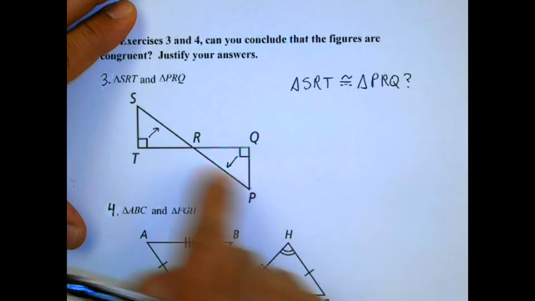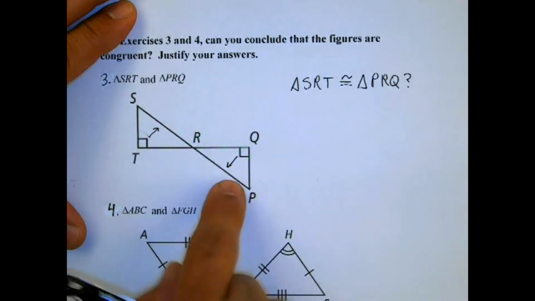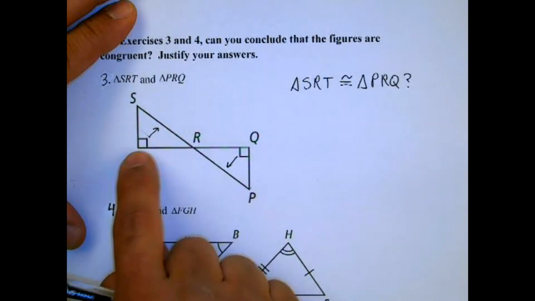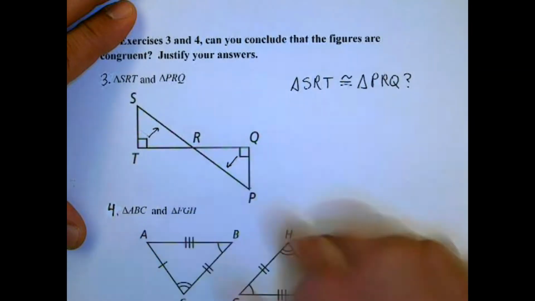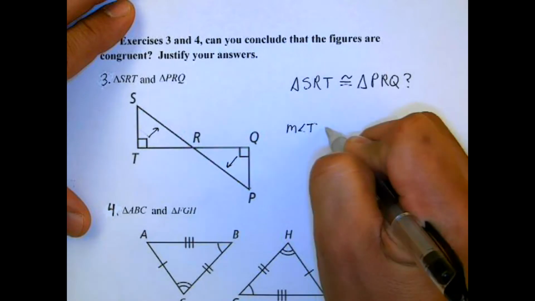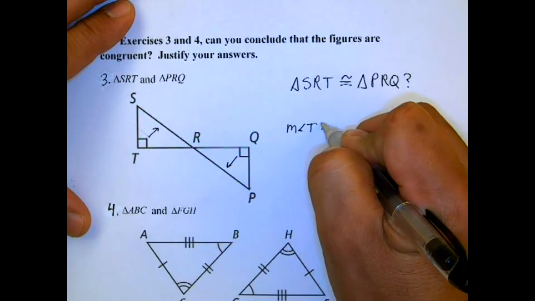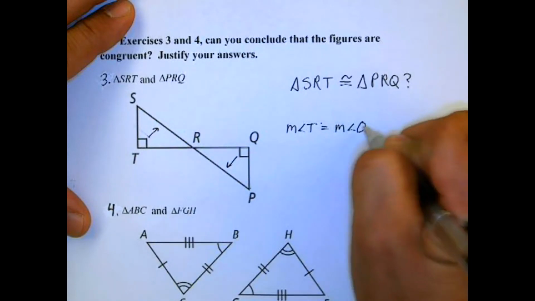And we don't know anything about this side. We have no clue as to what's going on with this side. All we know is that this is a 90-degree angle and this is a 90-degree angle. So that means that the measure of angle T is congruent to or equal to the measure of angle Q.